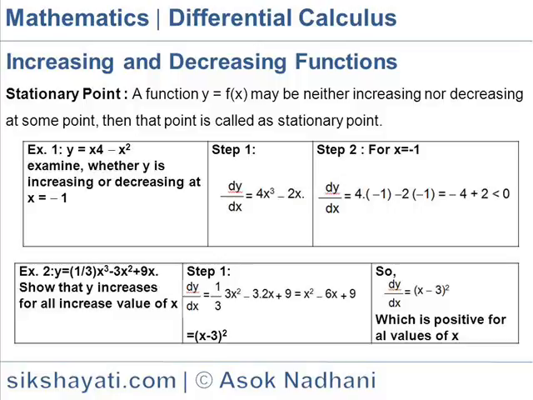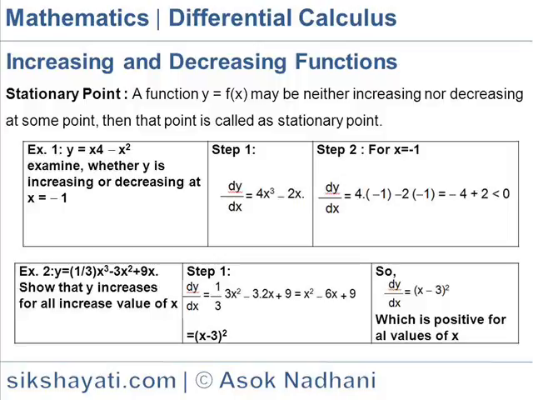Example: y equals x to the power 4 minus x square. Examine whether y is increasing or decreasing at x equals minus 1. Step 1: dy/dx equals 4x cube minus 2x. Step 2: we put the value of x equal to minus 1. So we get the value of the first derivative as 4 into minus 1 cube minus 2 into minus 1.